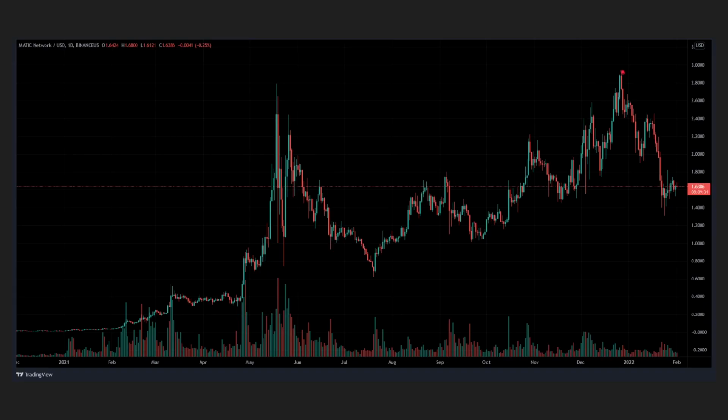While Ethereum reached a new all-time high in early November around here, we do see Matic took its time and really later, in early December, pushed ahead and reached a new all-time high of almost just under $3 per token.